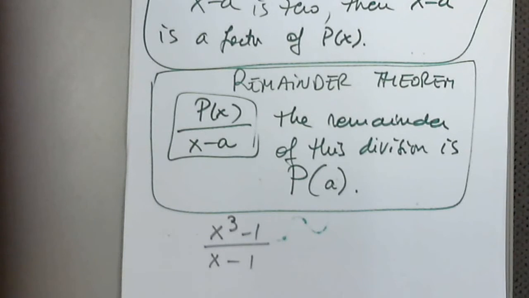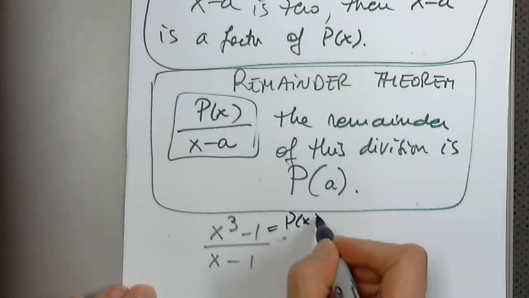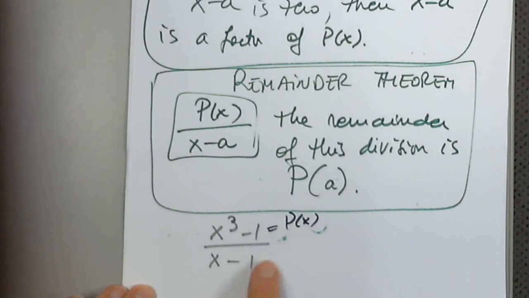Now my next question is this. Assuming I do not care about the quotient, I only care about the remainder, I take this polynomial and replace x by a. How much is a in this expression? 1.